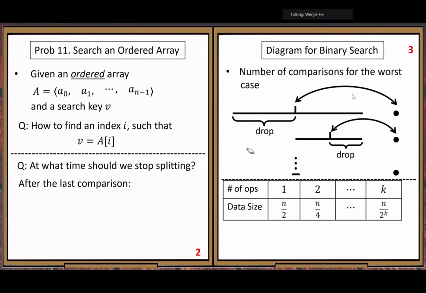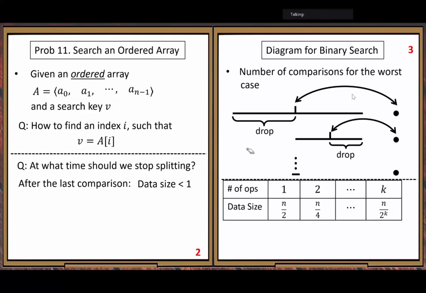After the last comparison, let's look at the data size. What is the data size after the last comparison? So we need to create that criterion, right? We want to make that criterion for the stopping condition.